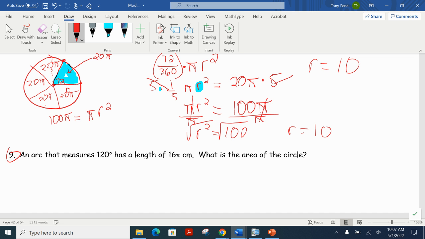Okay, real quick, number 9. An arc of 120 degrees has a length of 16 pi. So 120 is going to look like this. They are now giving you the length. The length of the arc is 16 pi. You need to know that this is your circumference, the circumference of the entire circle.